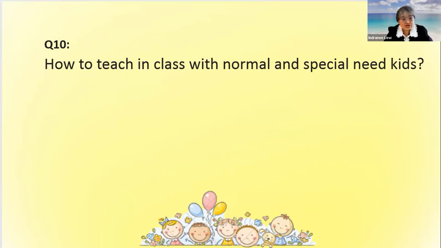Then you change to another 1 or 2 literacy activities. So that special child doesn't have to do all the 5 or 6 activities, just 1 or 2 at a time, depending on his ability and his speed. So as far as you can, try to keep the special child doing the same topic.